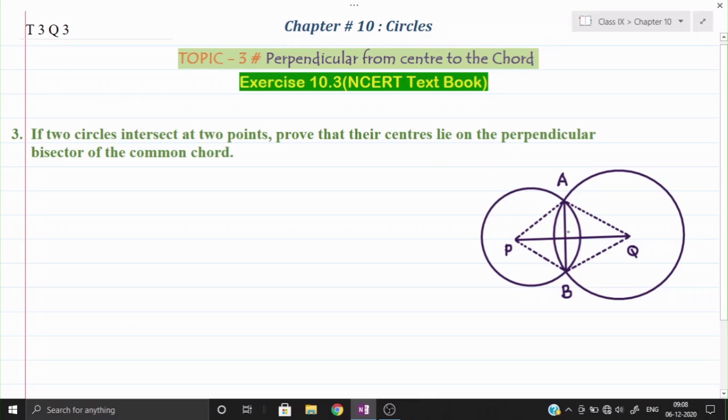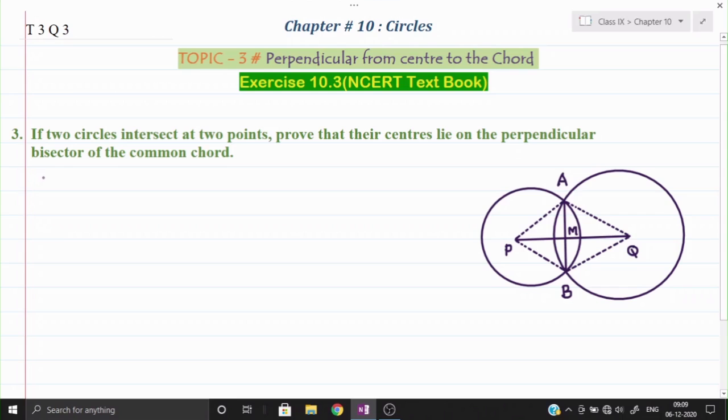For example, suppose this point I give the name M. So we can say here AM and BM will be equal.